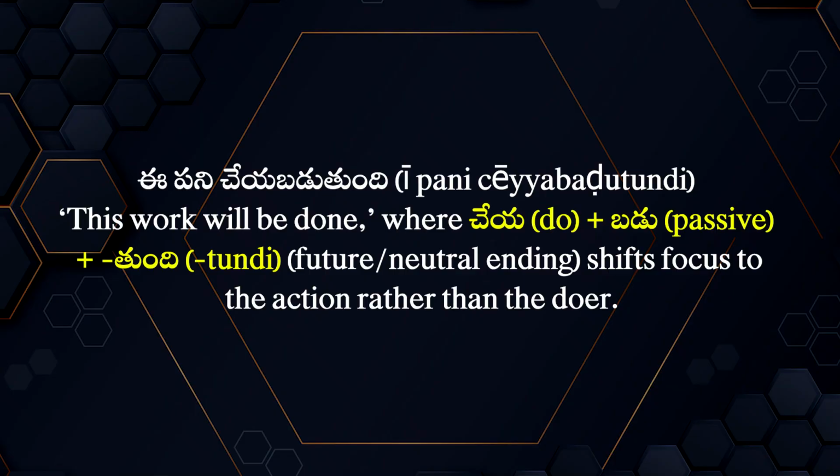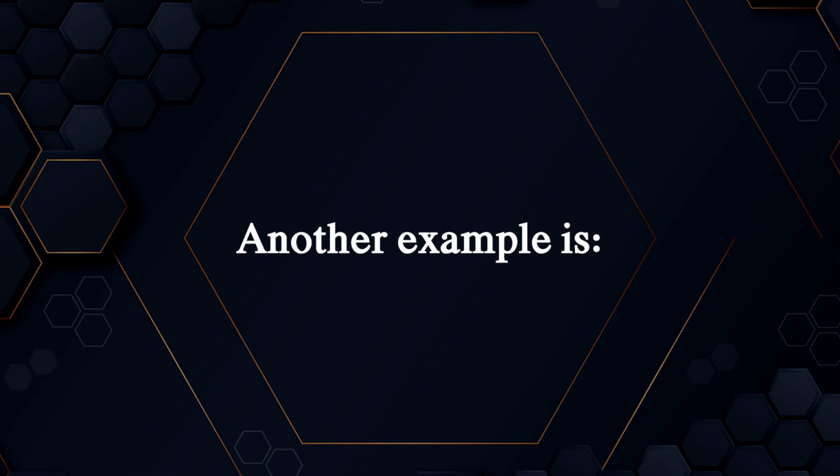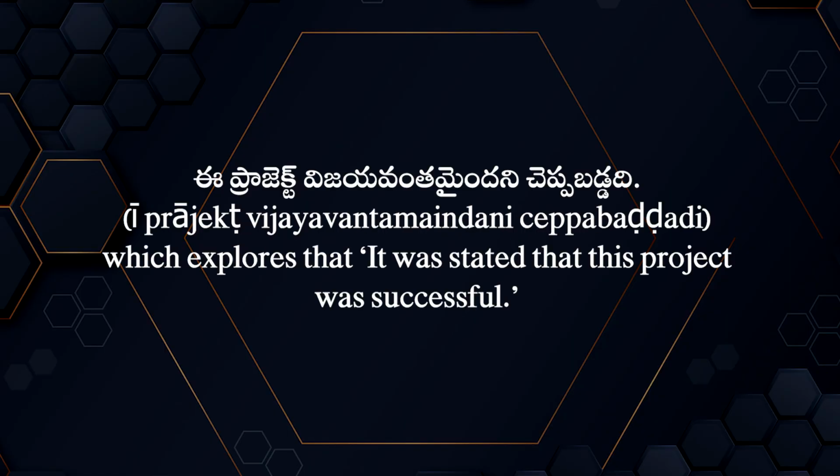For example, ee pani cheyabadutundi. It means this work will be done, where cheya plus badu plus tundi, future or neutral ending, shifts focus to the action rather than the doer. Another example is, ఈ ప్రాజెక్ట్ విజయవంతమైందని చెప్పబడ్డది, which means it was stated that this project was successful.